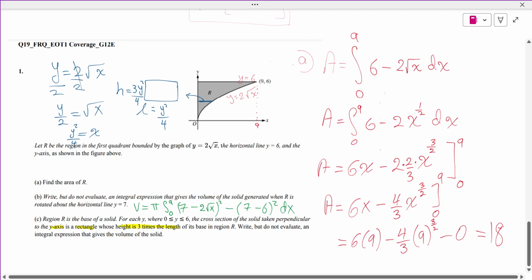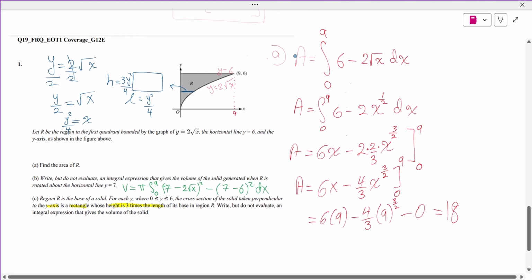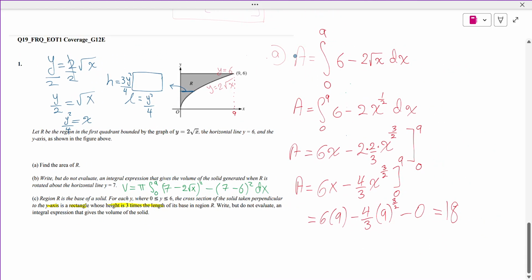Now the volume is given by, there is no pi here, okay? The volume is equal to the integral from 0 to 6, because we are writing an integral in terms of y, dy, so we have to select y values. So we are going from 0 to y equals 6, of the area of the cross section. What's the area of the cross section?